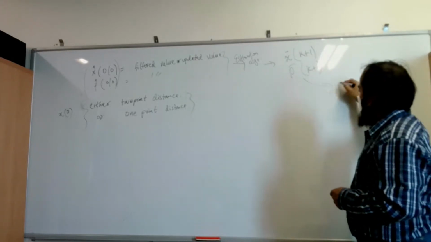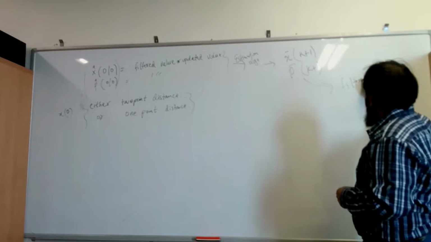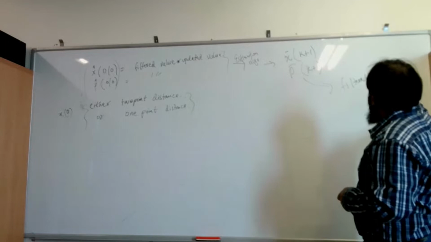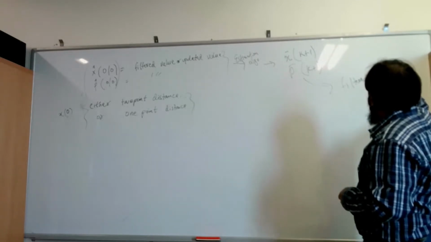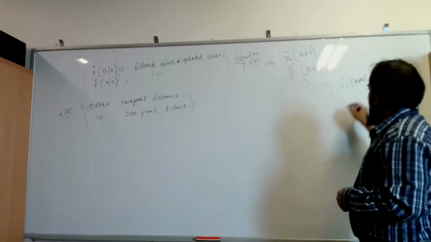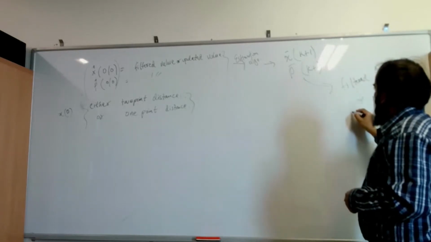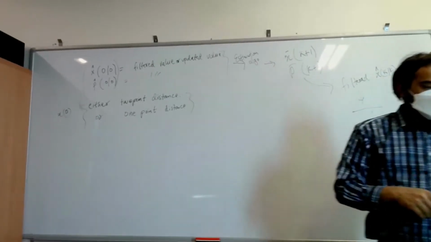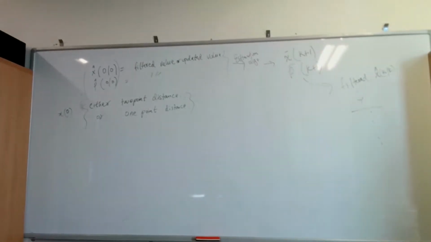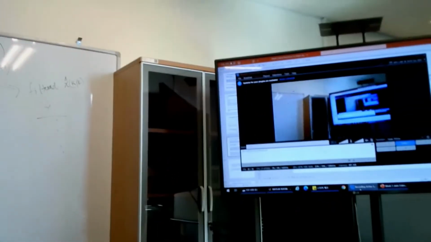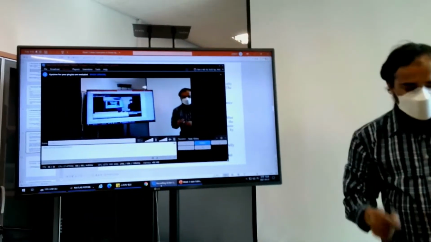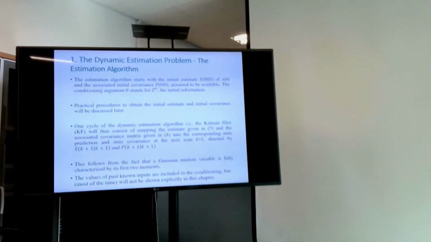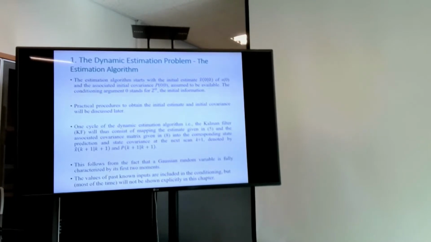Then this will be filtered to obtain the filter value, k given k, and then again this is going to be a prediction value, and similarly it continues. So the first filter value must be already known, and then you can find the prediction, then the filter value, then the prediction, then the filter value in each step.